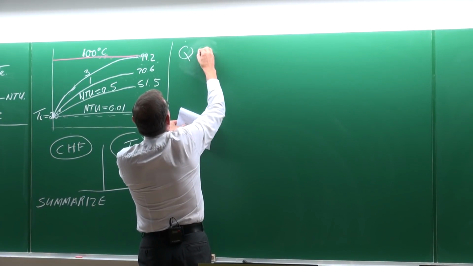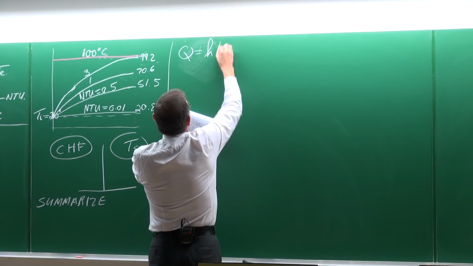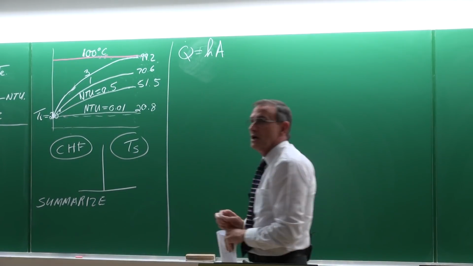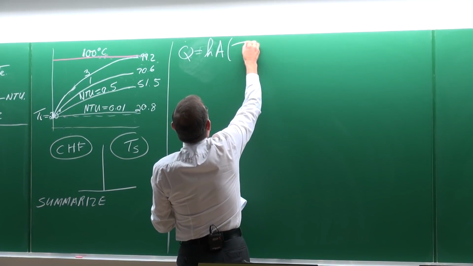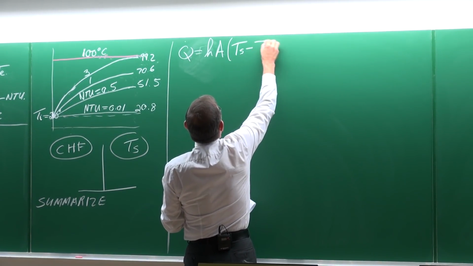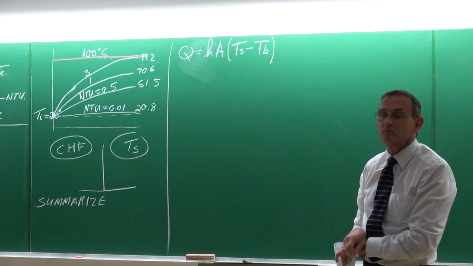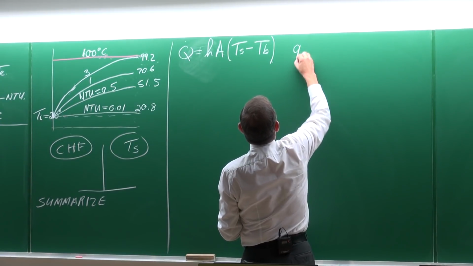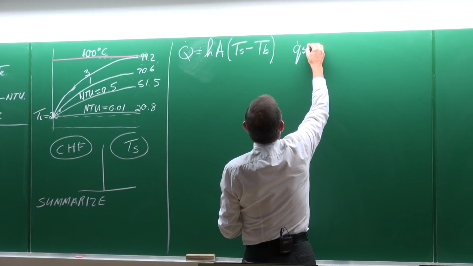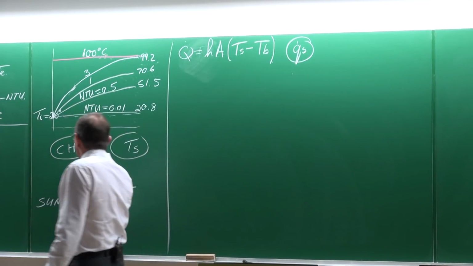The heat transfer rate is equal to the heat transfer coefficient multiplied by the surface area multiplied by the temperature of the surface minus the temperature of the bulk, for constant heat flux. Okay, CHF is constant heat flux.